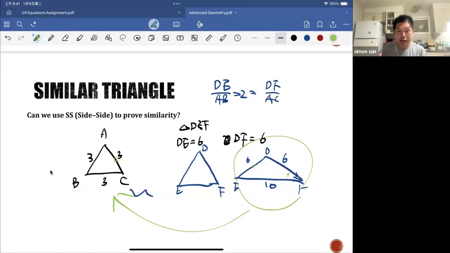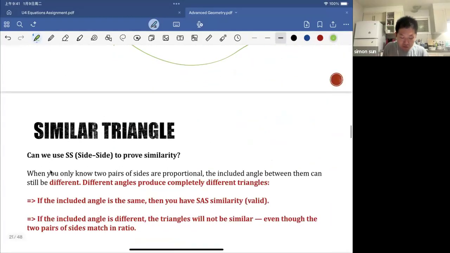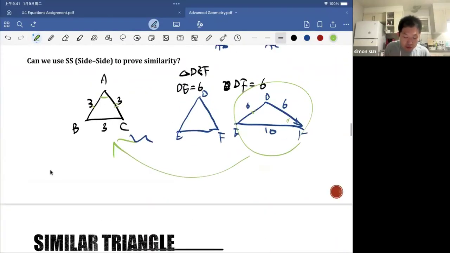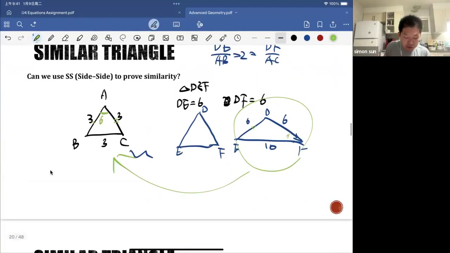Now why is that? It's because the included angles are not the same, right? Look at here, the angle A is 60 degrees. And for this one, as long as the two side lengths are 6, this angle could be anything, right? I could also draw it like this.